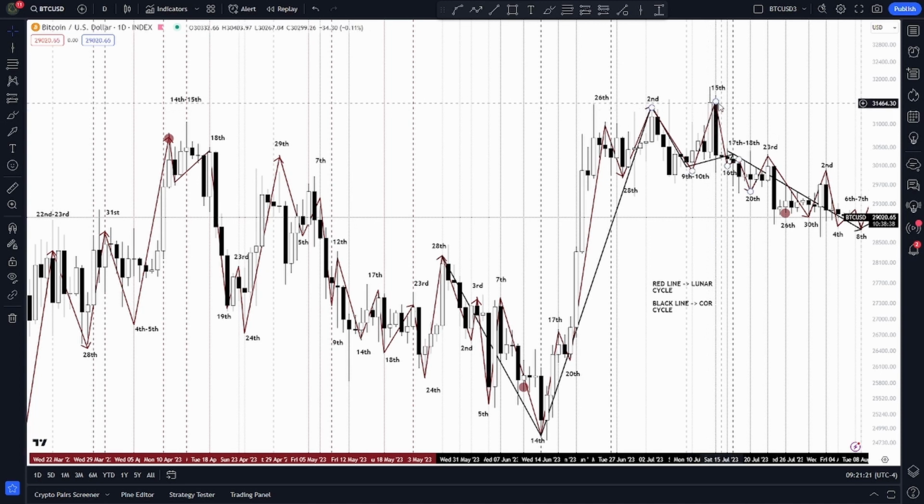It occurs on 14th of July. 16th of July, 17 to 18, then 20th, 23rd, 26th, and we had an inversion here in the whole month. Let's highlight these dates and let's look at how we can trade these dates.